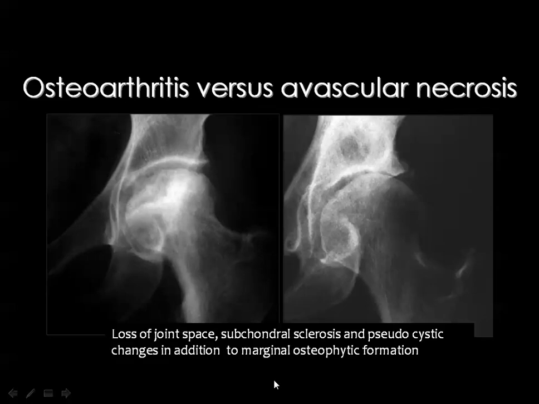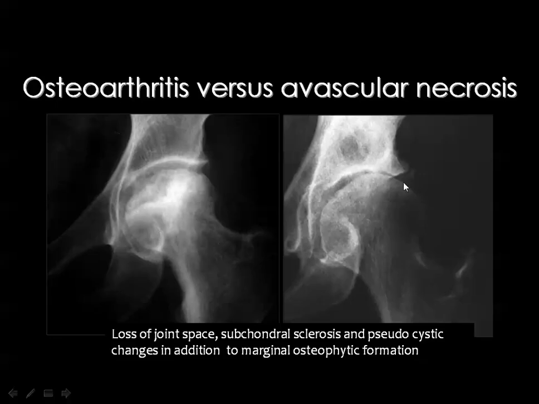And also sometimes you may mistake the changes of avascular necrosis in the hip for those of osteoarthritis. You remember the main differentiating point is the superior lateral aspect of the joint space. If this part of the joint is maintained, and you see that the changes are totally confined to the femoral head, you know that this is avascular necrosis.